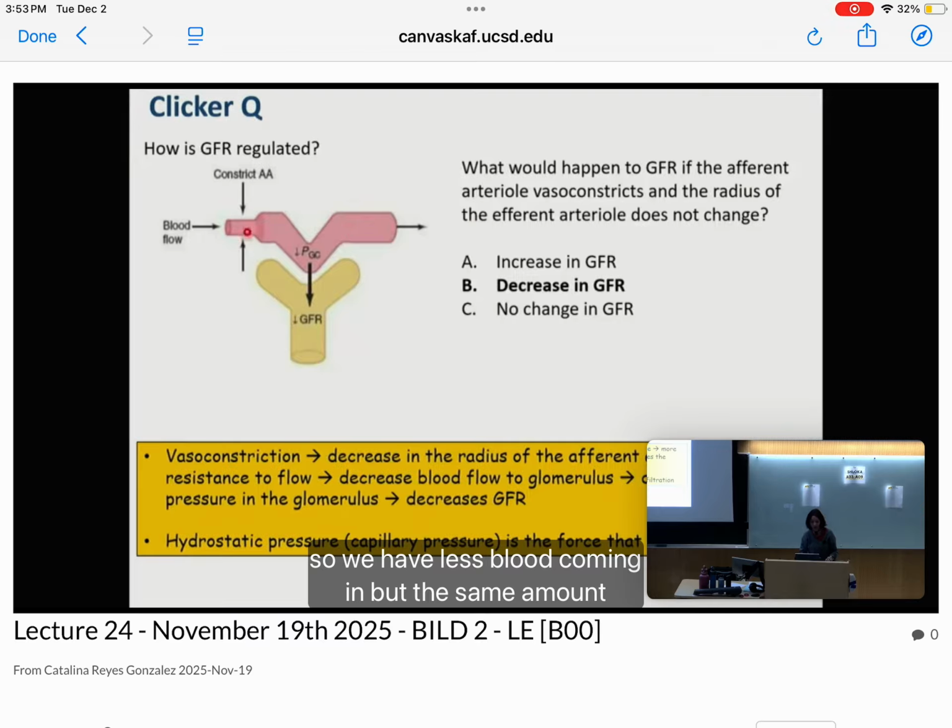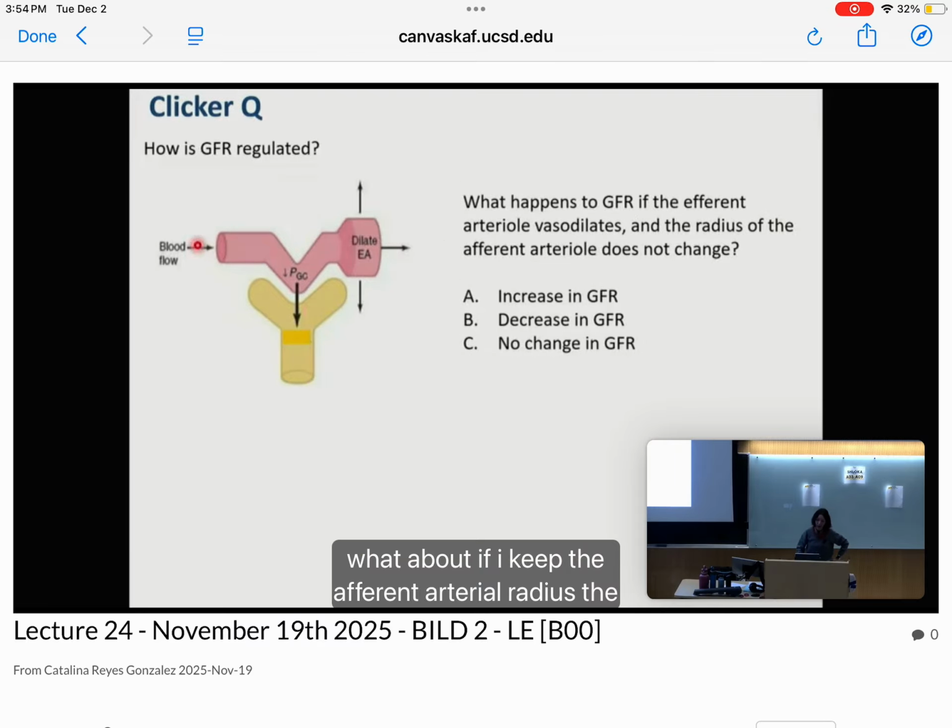So we have less blood coming in, but the same amount leaving. We're going to end up with a smaller volume of blood in that glomerulus. And if we have lower blood volume in that glomerulus, there's going to be less push against the walls of that glomerulus. My garden hose, right? It's going to have less push. So then less capillary pressure, and that's the force for filtration. So then less filtration. Does that make sense?